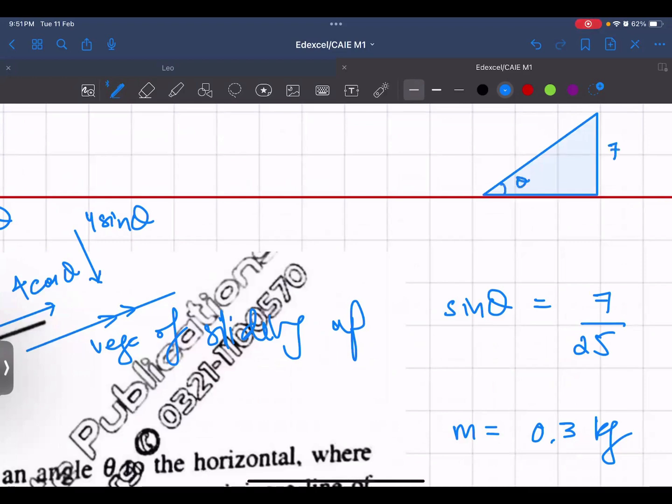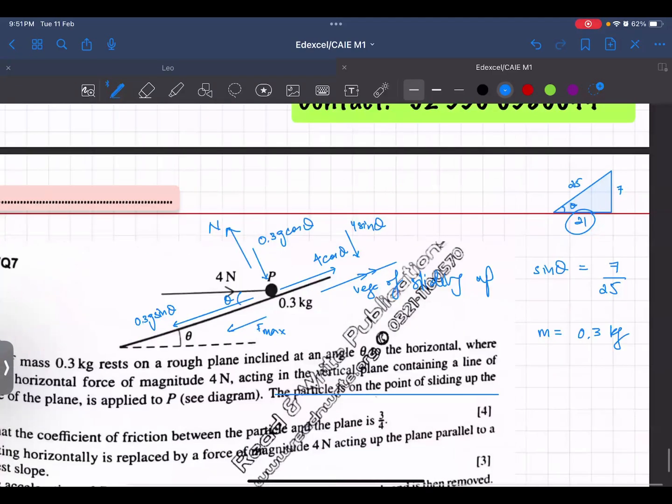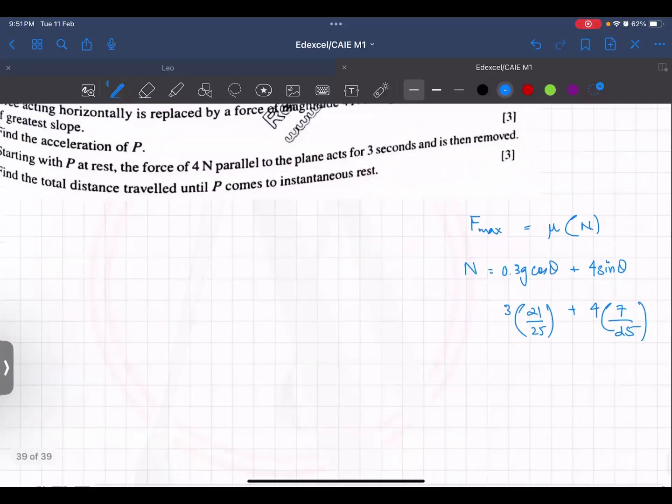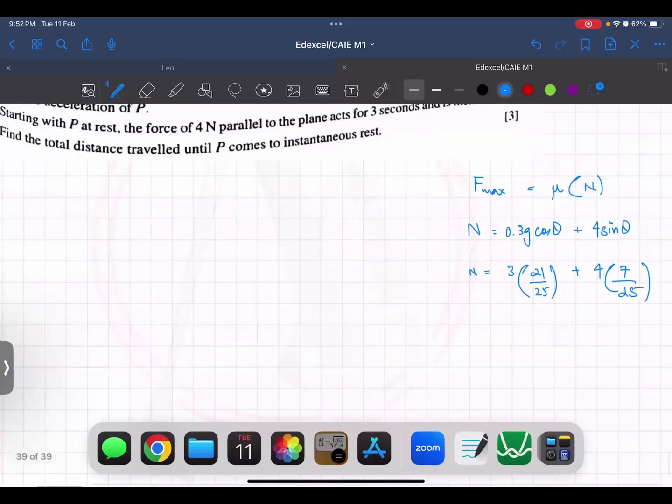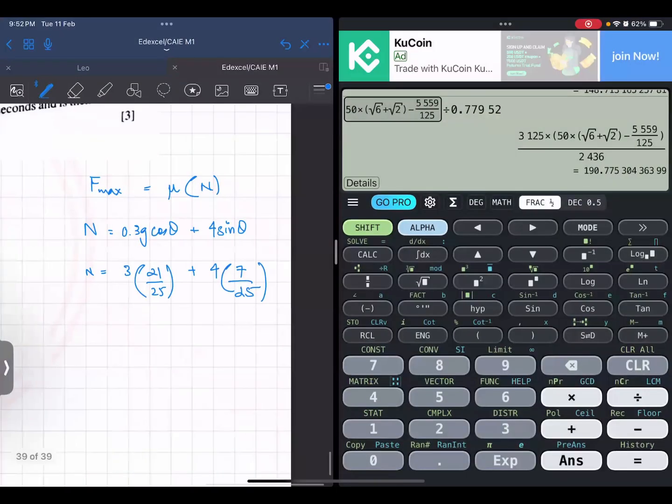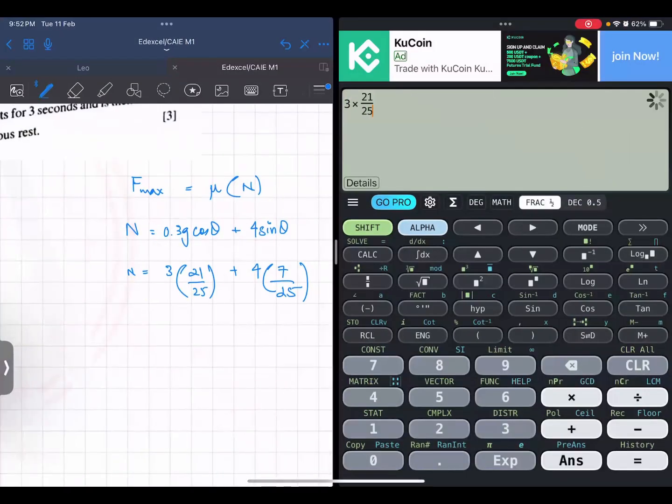Sine is opposite upon hypotenuse, so using Pythagoras theorem, we can find the base: 25 squared minus 7 squared is equal to base squared. So cos theta would be adjacent upon hypotenuse. Now use the calculator: 3 times cos theta plus 4 times 7/25. So N is 3.64.